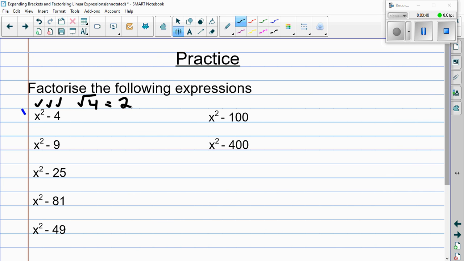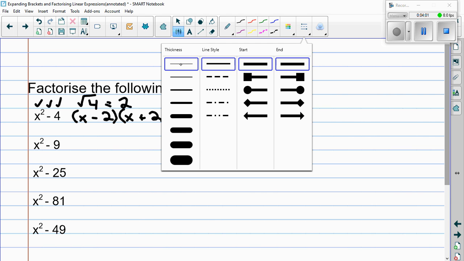It's 2. Most of you should be able to do that one in your heads though. So we know it's going to take the form of x minus 2 and x plus 2. So really simple way of factorizing quadratics. At this point, pause your video, and then once you're ready, press play, and we'll go through the answers.